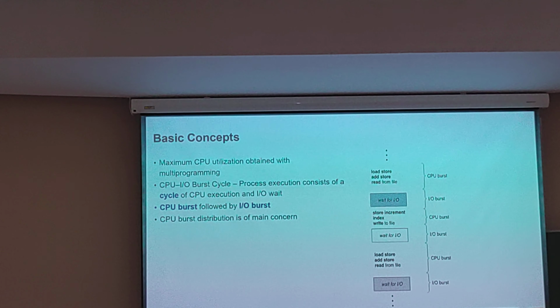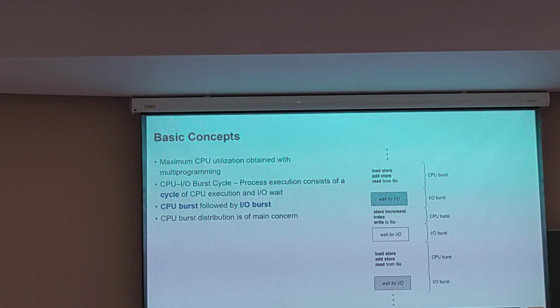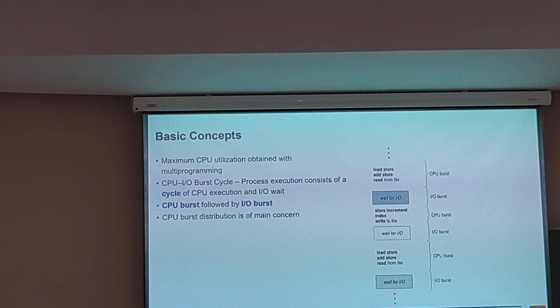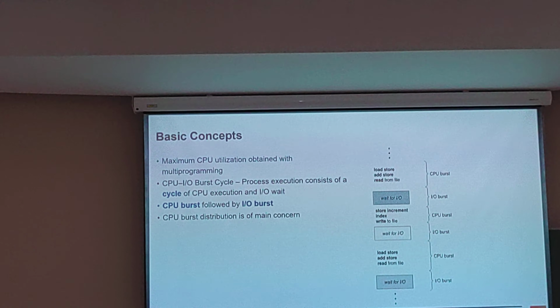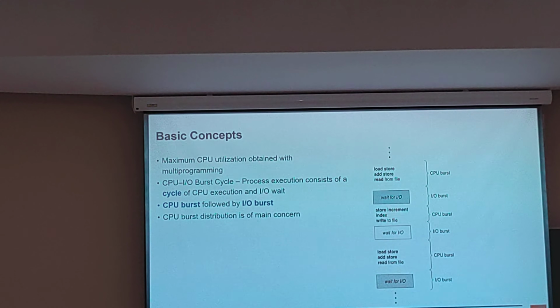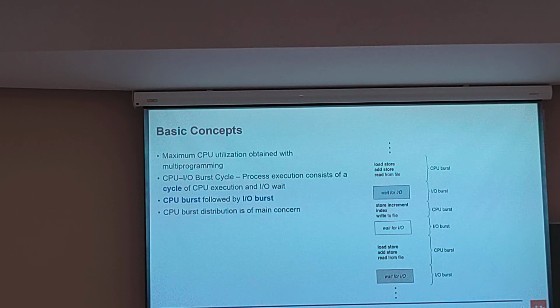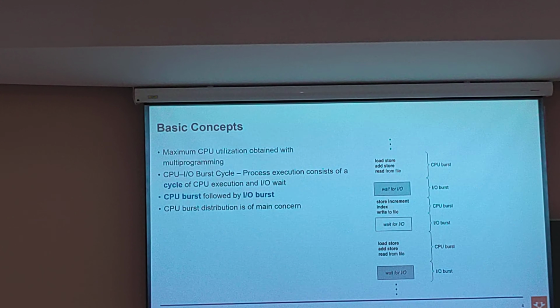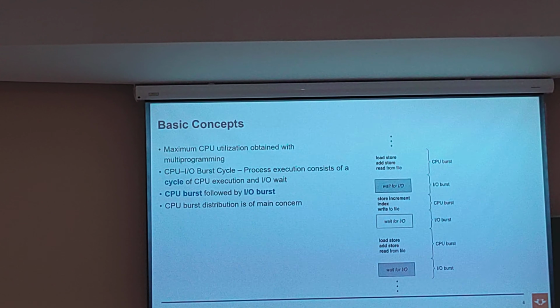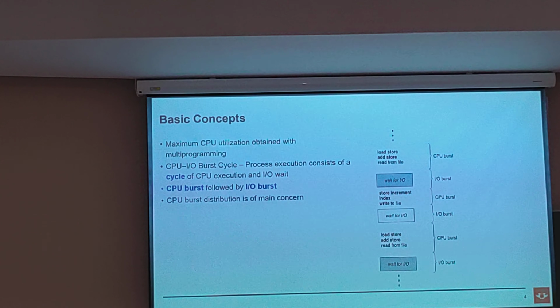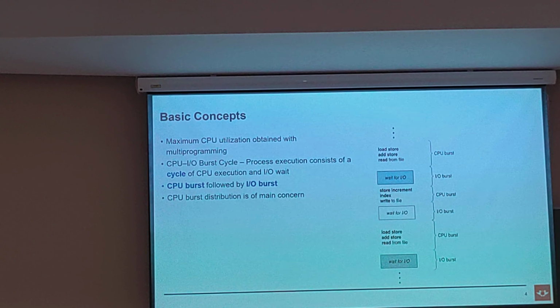Then we're going to do some I/O stuff, and that may take 100 milliseconds, and then it will do some CPU stuff again for a specific burst. So the principal idea of a burst is how long it takes in that specific portion of the cycle. We want to make sure that we distribute the CPU and I/O cycles successfully across the system itself.